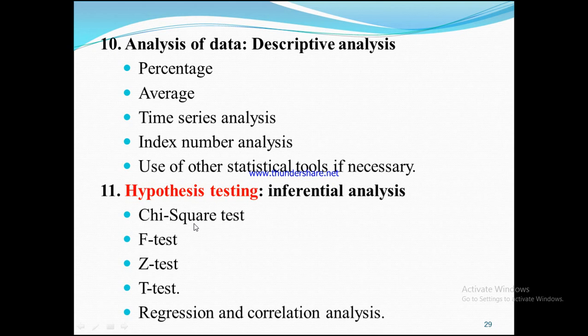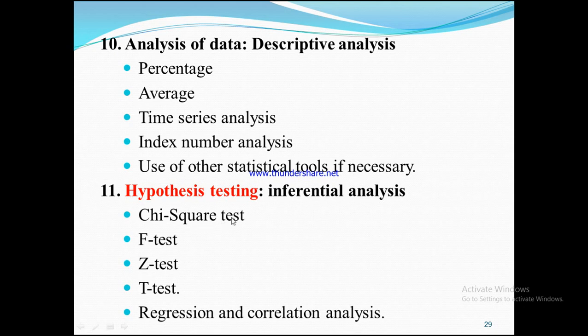In this case, you intend to test how likely it is that an observed distribution is due to chance. It is also called goodness of fit. This chi-square test is also known as goodness of fit.